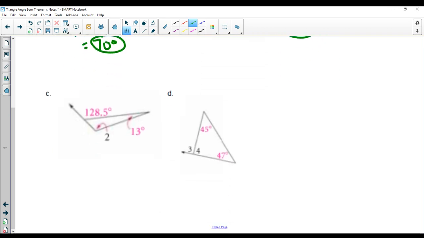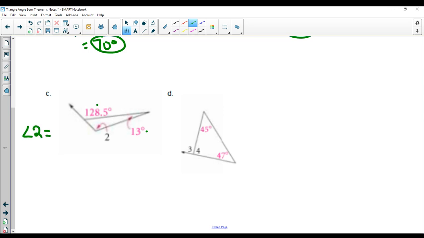All right, let's come down here. So again, letter C is like letter B. We were given the exterior and one of the remote interiors. We want angle 2. So I know that angle 2 plus the 13 should give me 128.5.